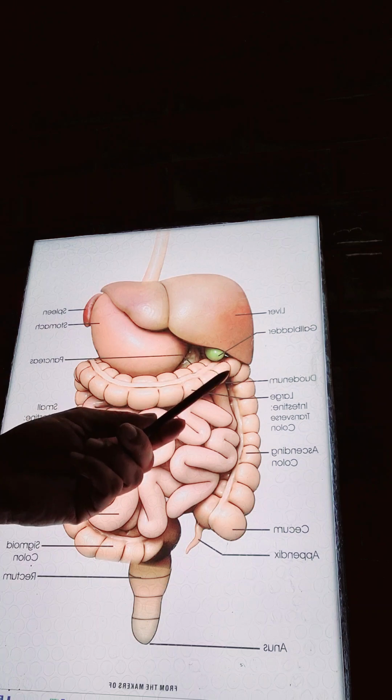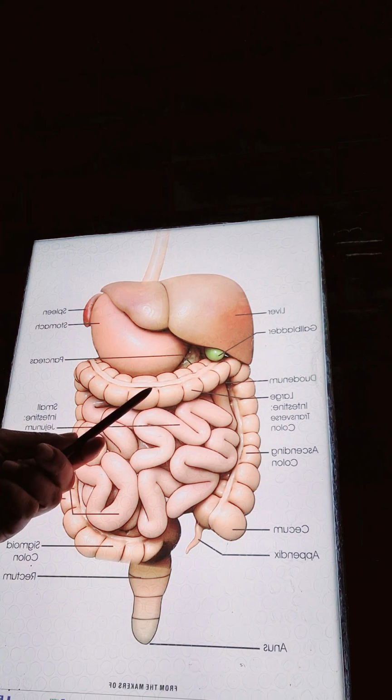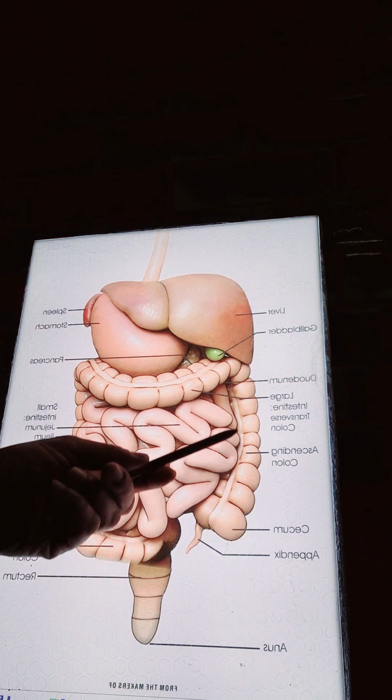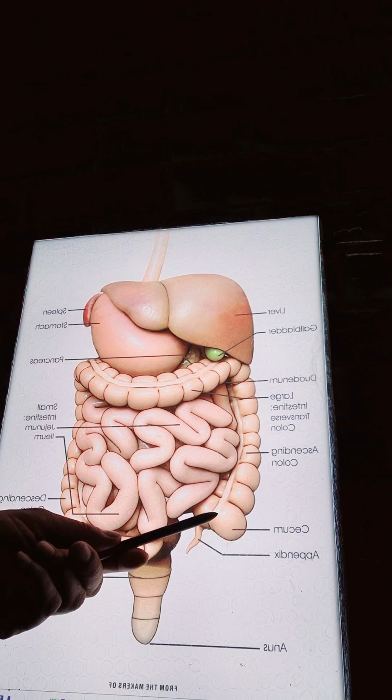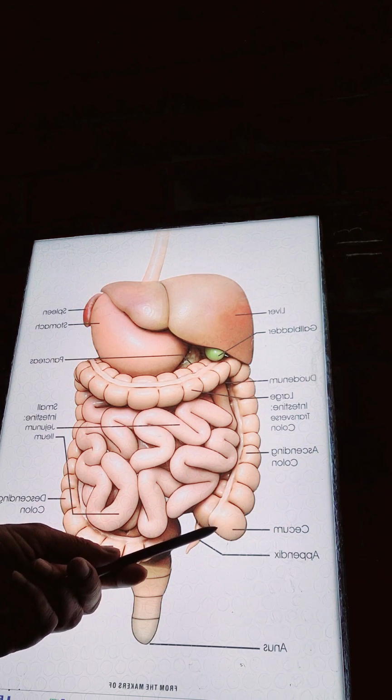The whole of this segment gets dilated, and sometimes it proceeds up to the transverse colon. So this part of the colon is dilated, which we call non-toxic megacolon.